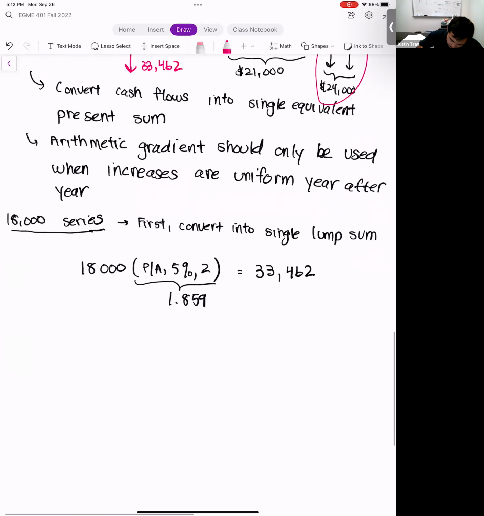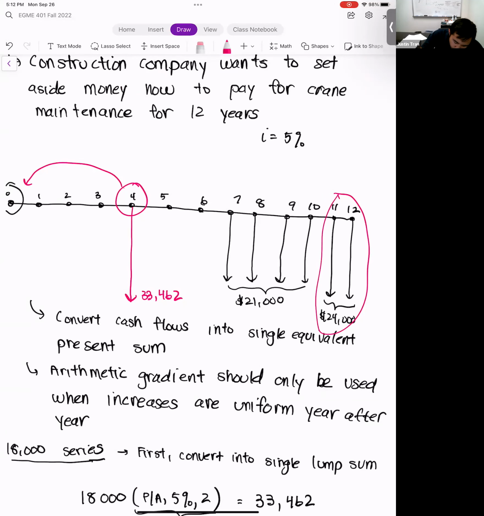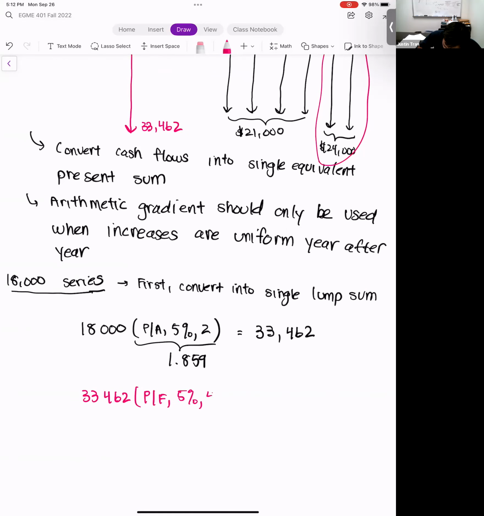Okay. And so we're going to take this 33,462, and we're going to multiply it by another conversion factor. That's P over F, 5%. And in this case, we're starting in year 4 and we're taking it back to year 0. And so that's 4 years into the past. Okay. And so once again, we're going to look this up in the table.